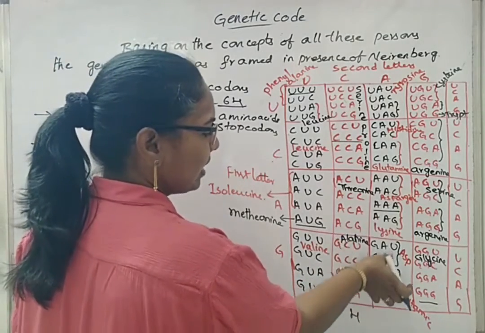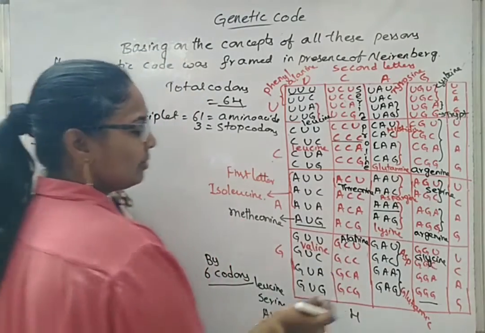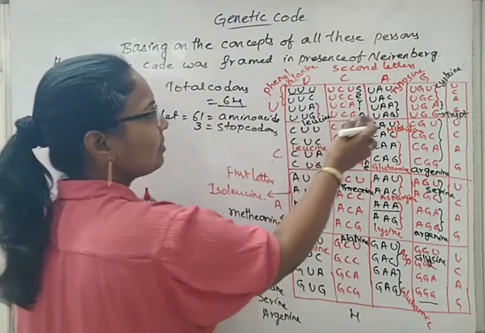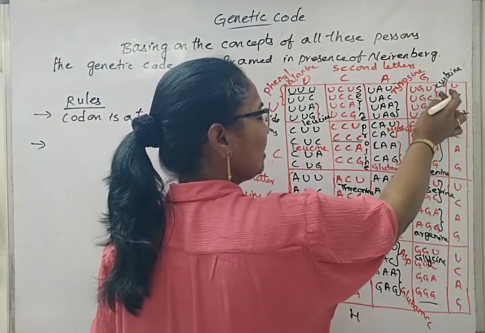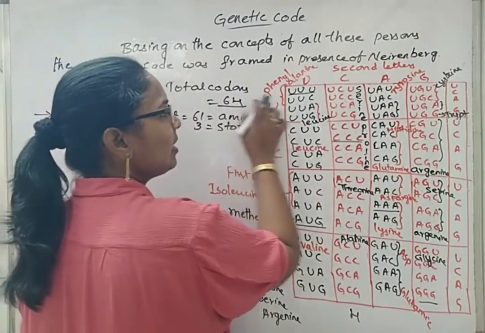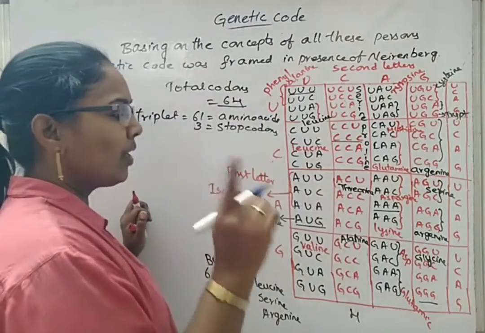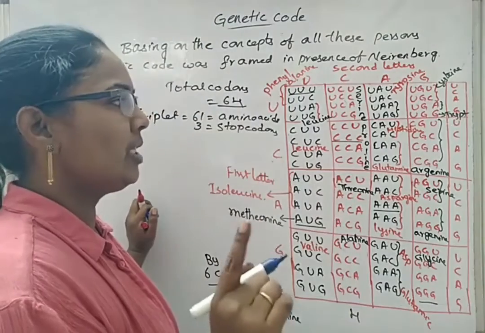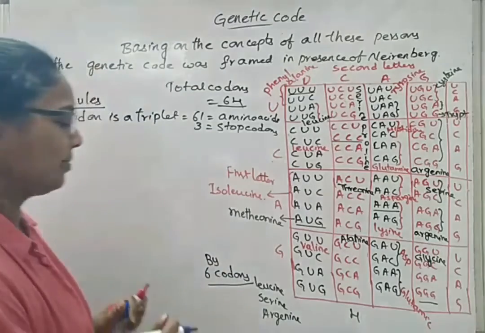Next, acidic amino acids are two. Basic amino acids are two. Neutral is one. Next, stop codons are three. Sulfur, disulfide containing amino acids are two, that is cysteine. Here we can see phenylalanine, tyrosine, and tryptophan. Tryptophan is coded by only one codon, that is UGG. All these three are called aromatic amino acids.